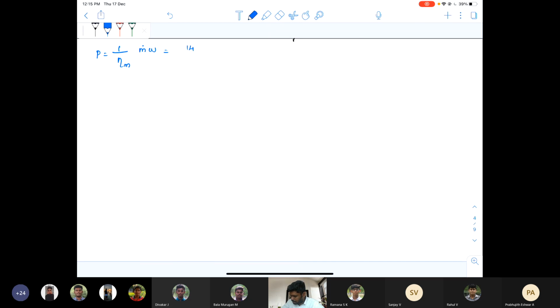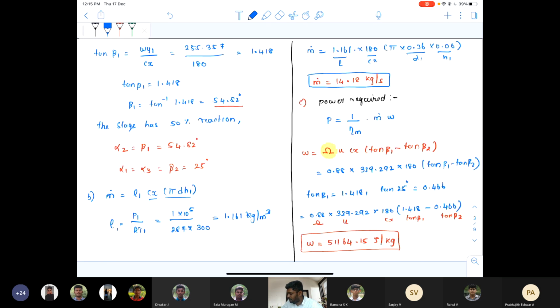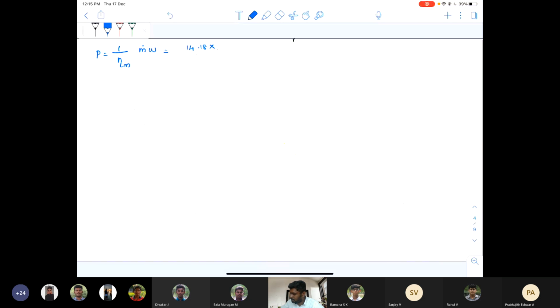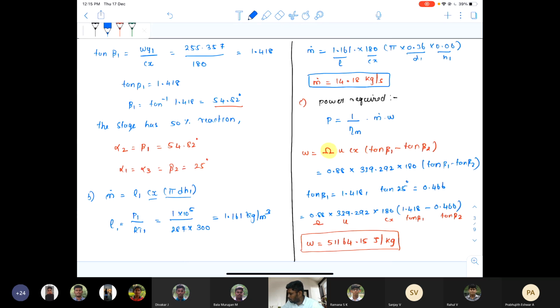Therefore, substitute 14.18 into the work done we have calculated as 51164.15 joules per kg.